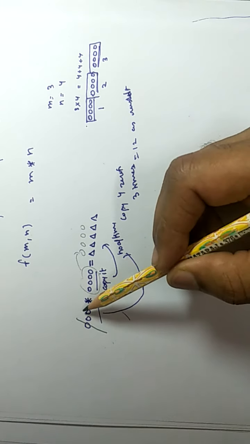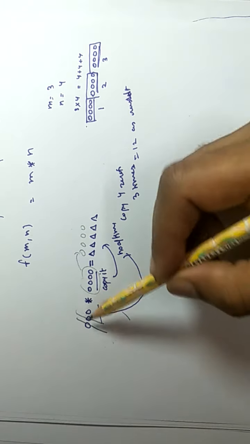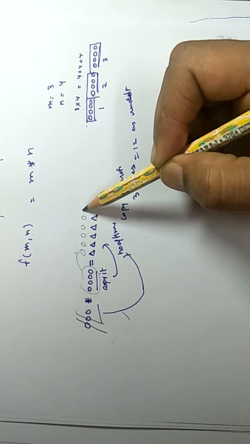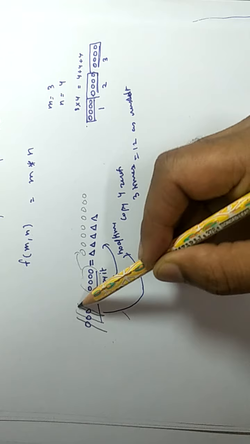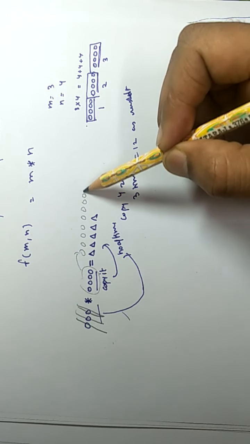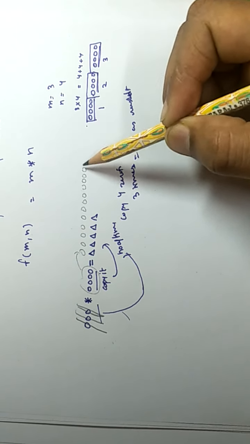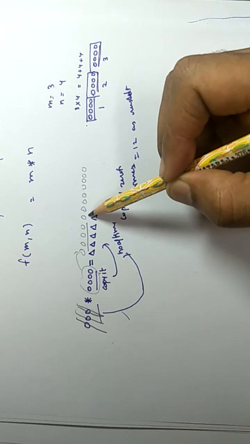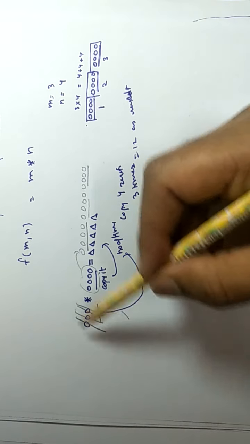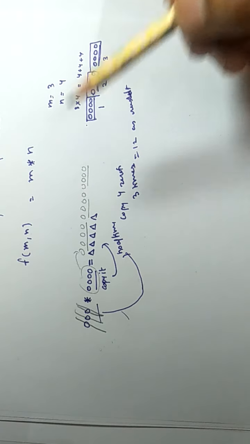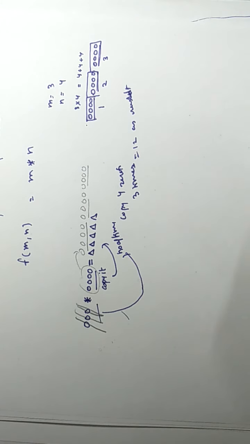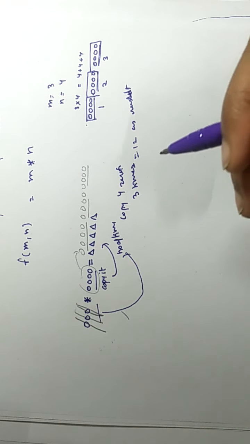Now we come back and mark it again, and we will copy it again here, and we will mark this 0 again, and we will copy 4 zeros again. So at the end, if we have marked these 3 zeros, then we have 4 zeros 3 times here. So this is the logic to build the Turing machine for multiplication.